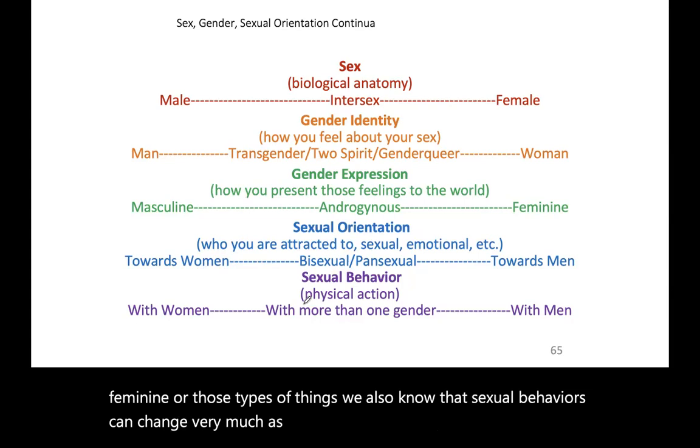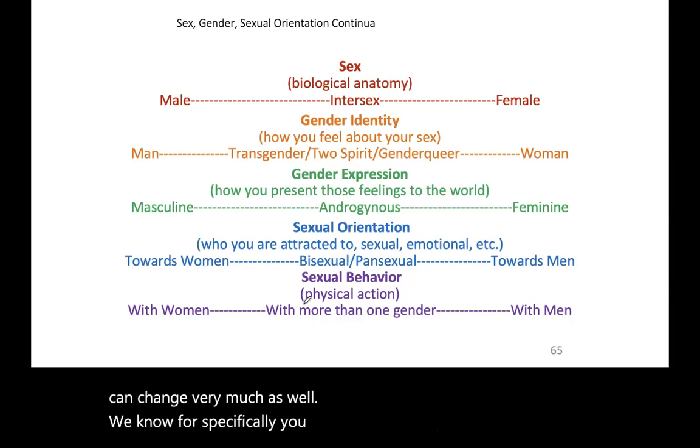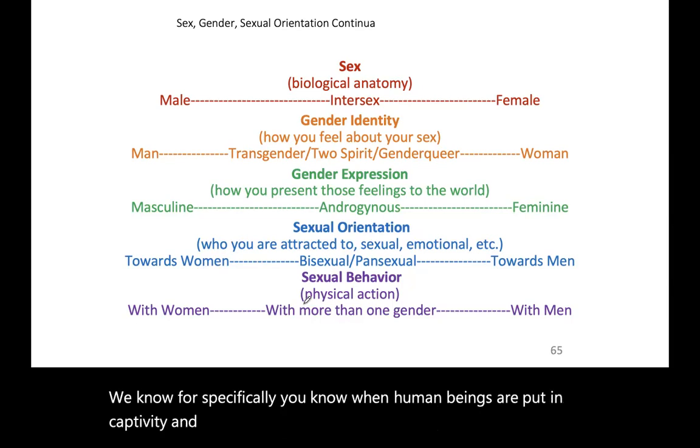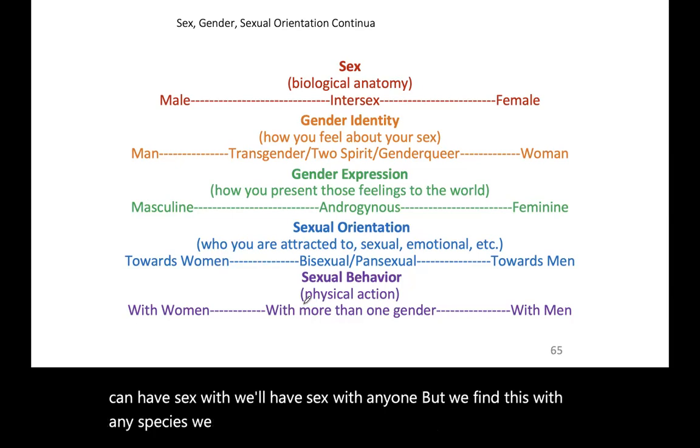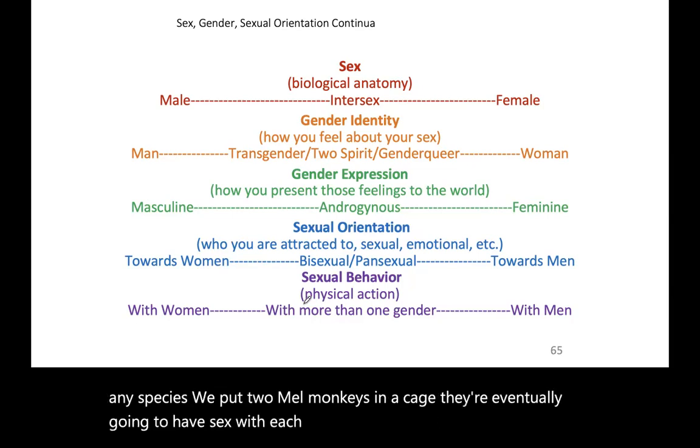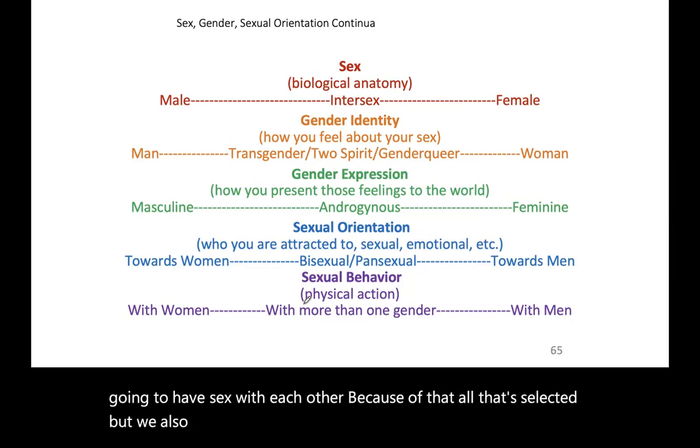We know that when human beings are put in captivity and they don't have a high amount of selection in who they can have sex with, they'll have sex with anyone. But we find this with any species. We put two male monkeys in a cage, they're eventually going to have sex with each other, because that's all that's selected. But we also know that it goes well beyond that.